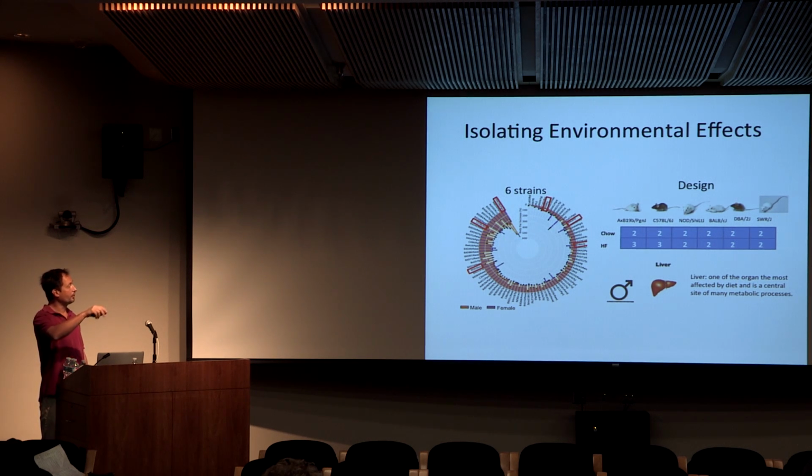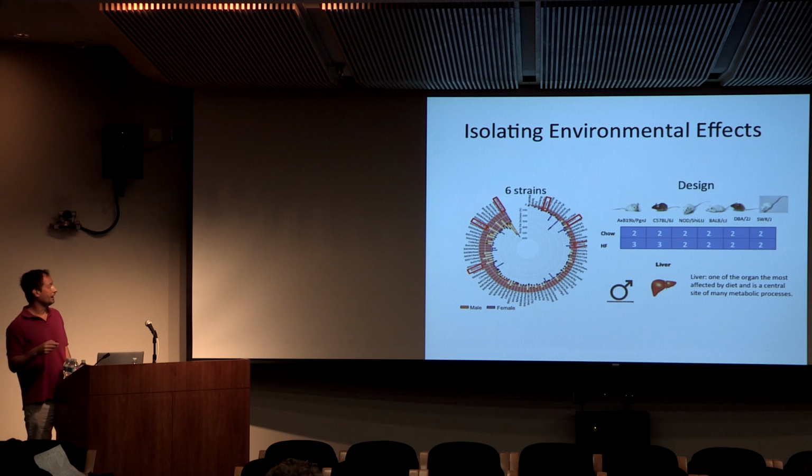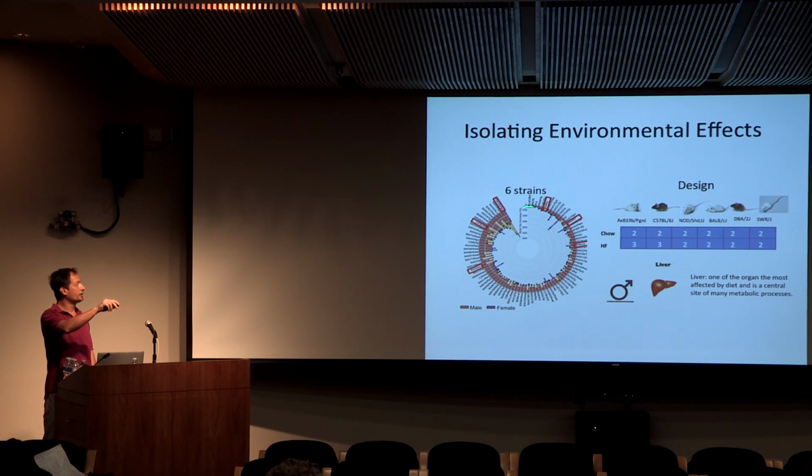So on this end of the spectrum, these mice, their weight gain was about 600%. So these mice are really getting enormously fat. So there's clearly a strong difference in the response of these mice to the diets.